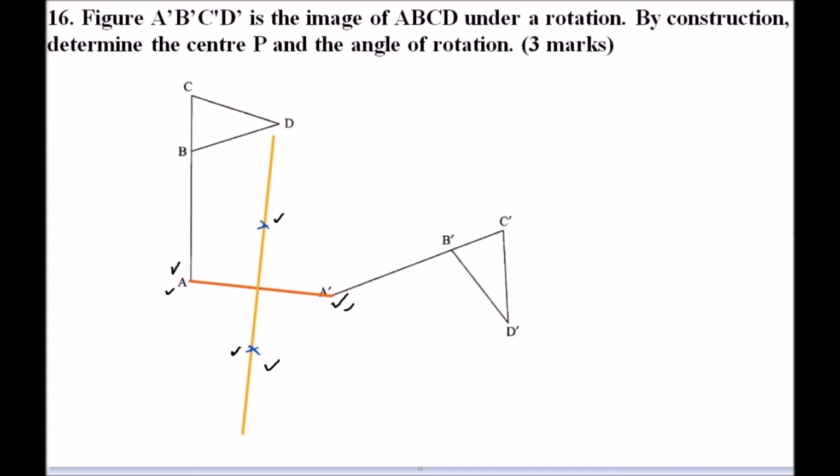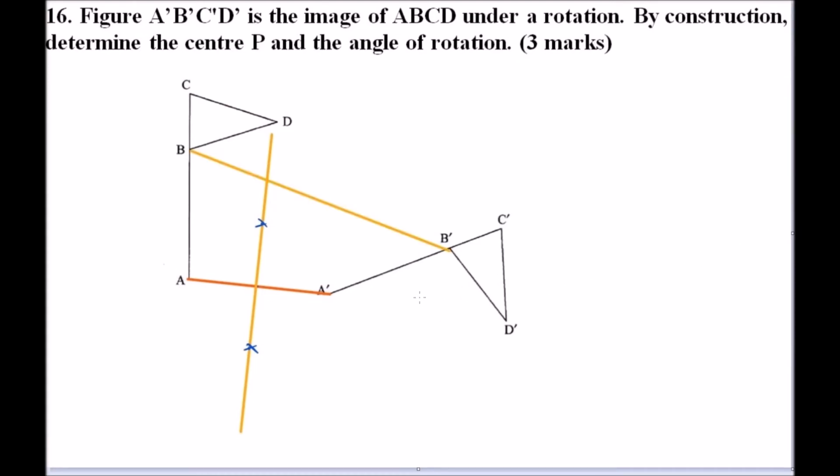Here I have joined B and B prime, and I'm going ahead to bisect it. That is by pressing my compass here. I'll make one mark here and one on the other side. I also press my compass here, make one mark on this side and the opposite side, and I'll join the two crossings of the arcs to come up with the perpendicular bisector of B B prime.